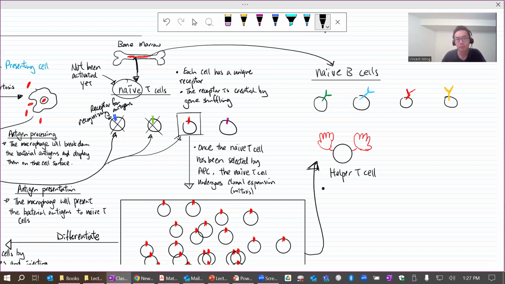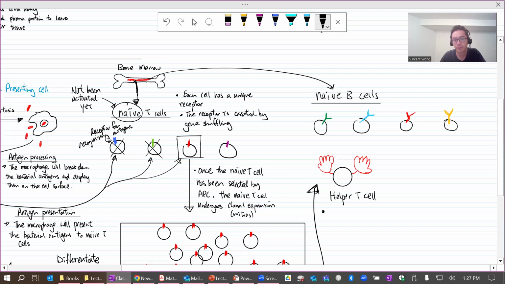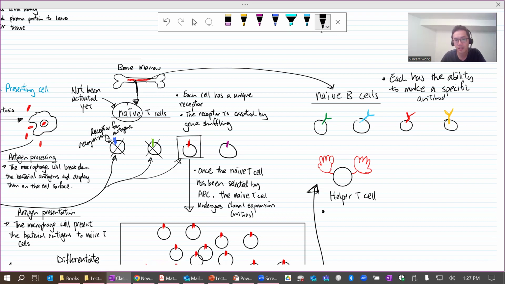So here, let me write down for you. Each has the ability to make a specific antibody. And what the helper T cell will do is it will go and select the right tool.